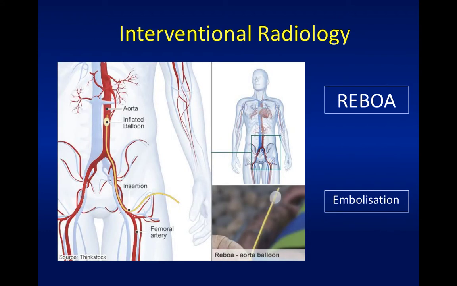All right, so as well as some of the other surgical and physical techniques I've mentioned, what about interventional radiology? I find it amazing the amount of progress that's been made in this area in the last 20 years, and it seems that there is no end in sight to all the different types of bleeding that interventional radiology techniques can now treat.